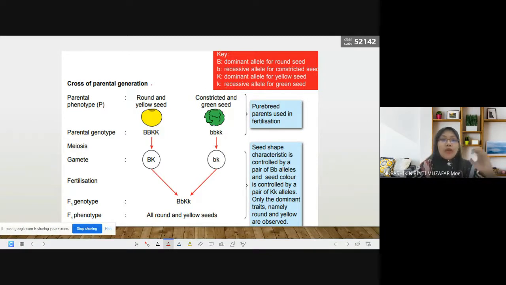If you look at the first parent's phenotype, round and yellow seed, both are dominant.